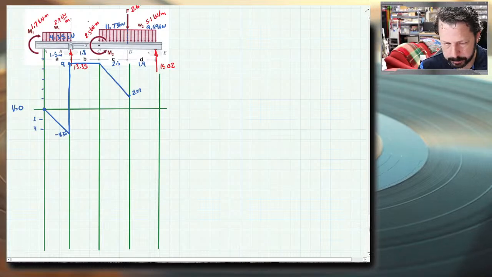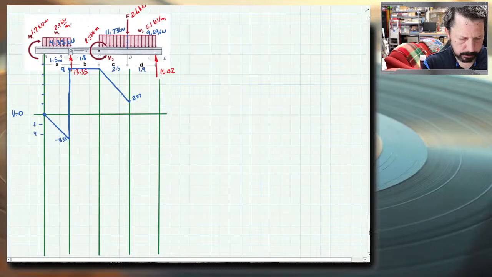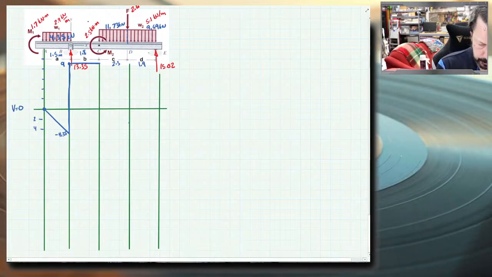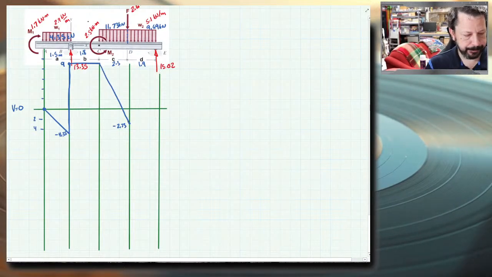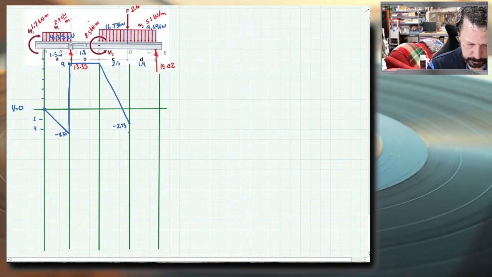Minus this point load of 2.6. Now this point load here is a step change, so I go straight down to negative 5.33.